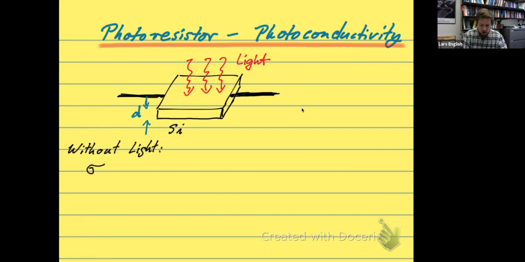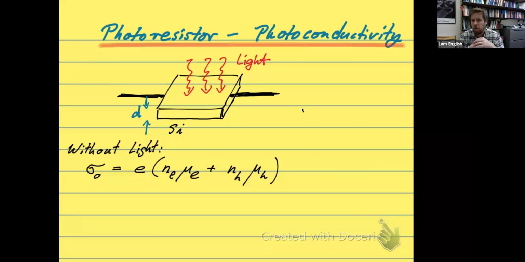So without the light present, so if we block the light, we know that we have a formula from before that we derived, namely N e mu, in general, is the conductivity, sigma. So over here we have conductivity, and here we get this N e mu combination.